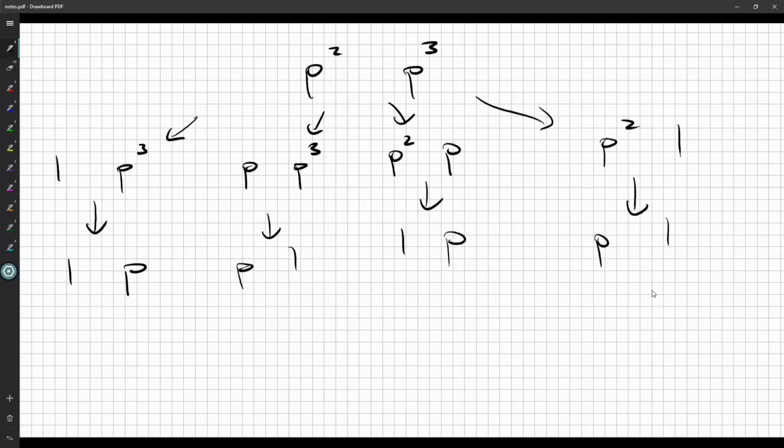So either the p squared turns into a 1 or a p, or the p cubed turns into a 1 or a p.